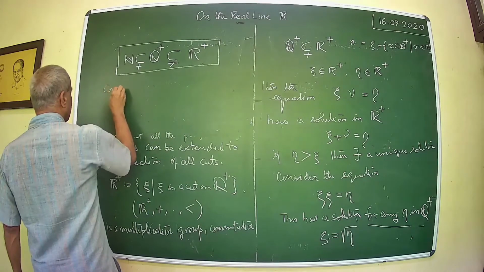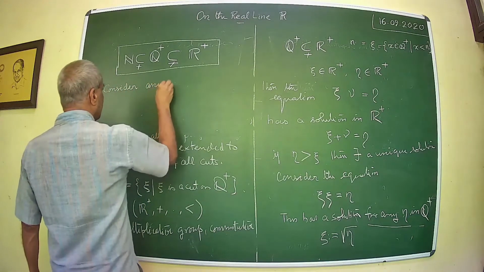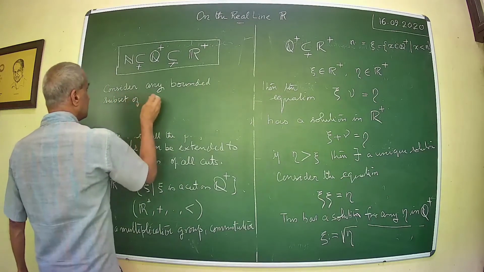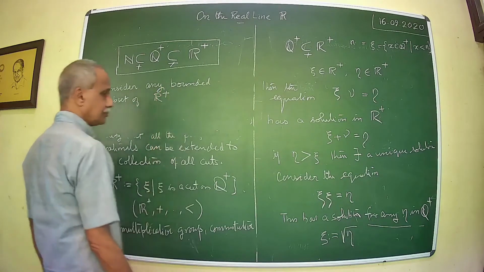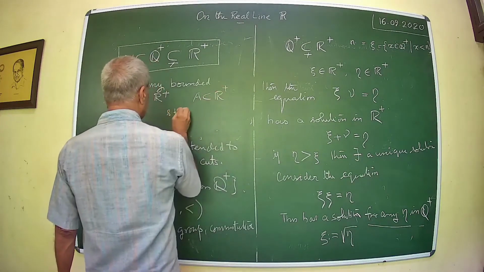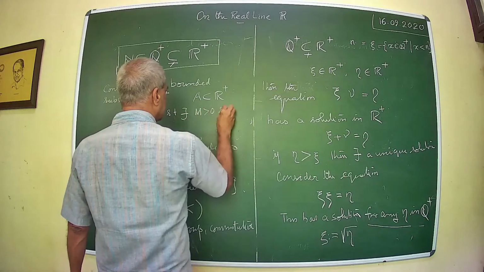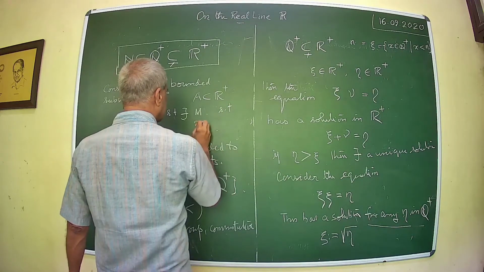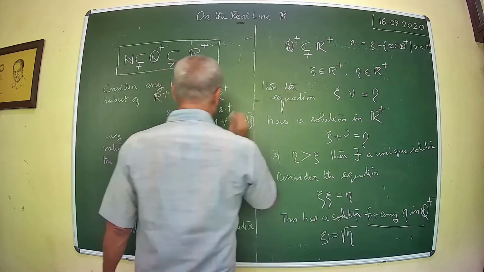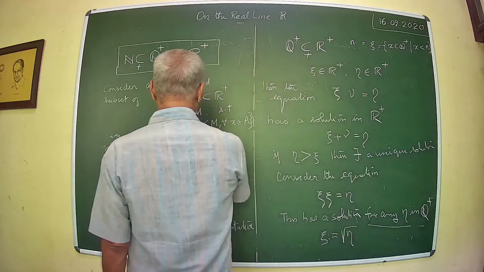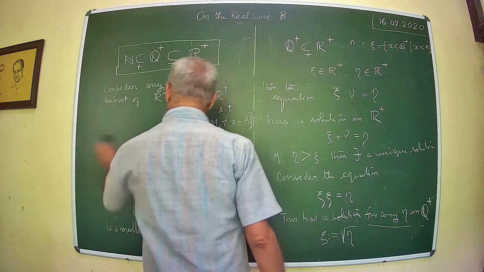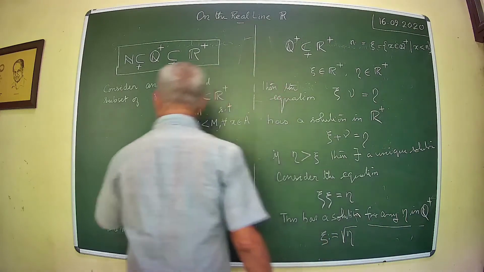So you consider, let A be such that there exists M positive such that x is less than M for every x belonging to A. Then you say A is bounded.